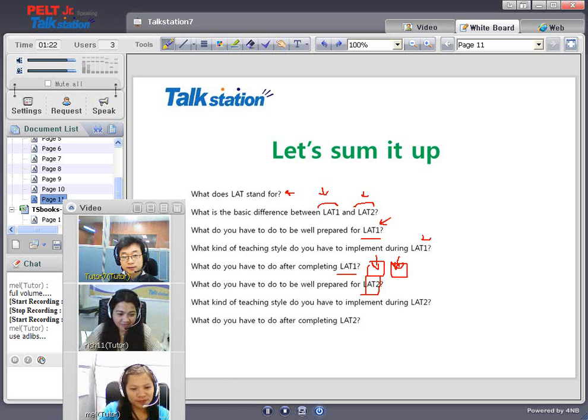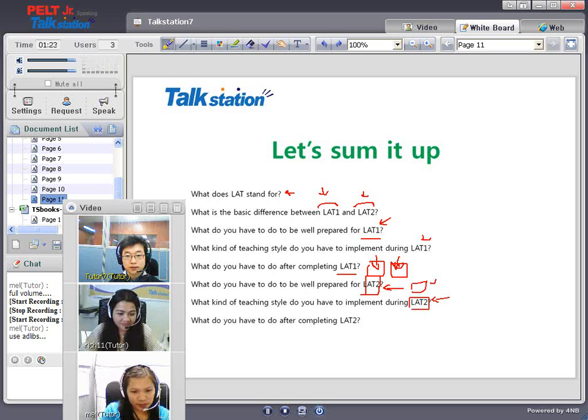And anything else to be prepared well for LAT2? They must prepare the book recommended by the first teacher. Exactly. And I remember Mel briefly mentioned that some other topics or material related to the book that would be used during LAT2 could help a lot. Okay.